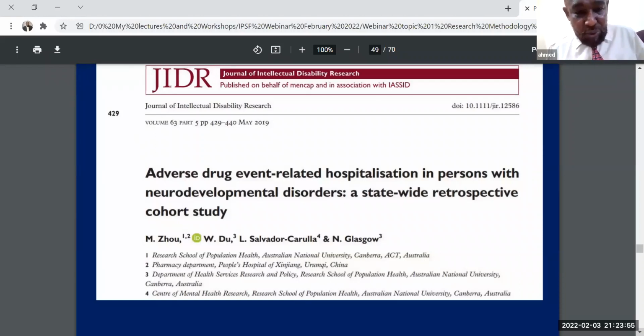Then they can recruit subjects exposed to a certain factor in the past, and recruit another group not exposed, and come back to see in the present time what outcome has developed. And this is called retrospective cohort.